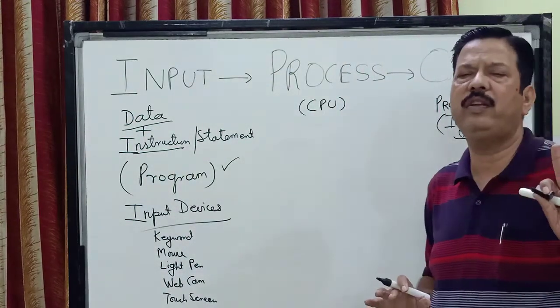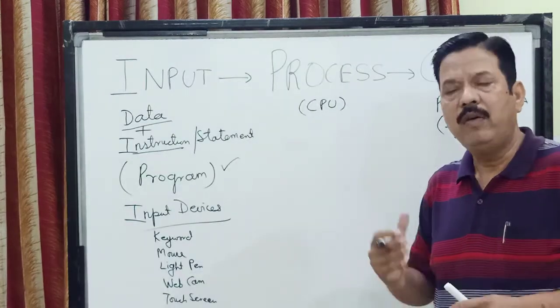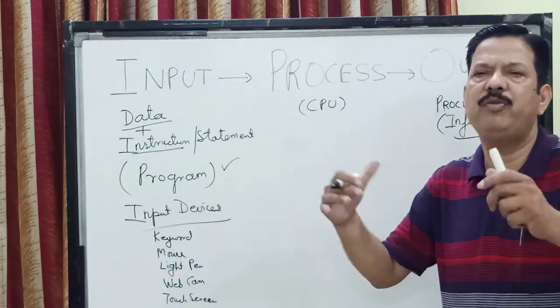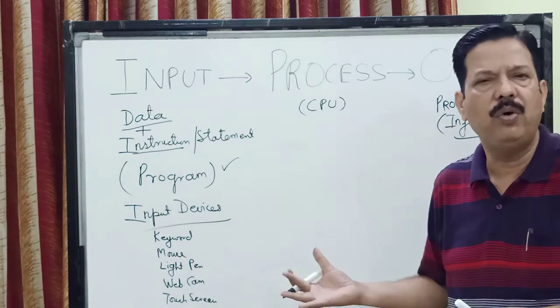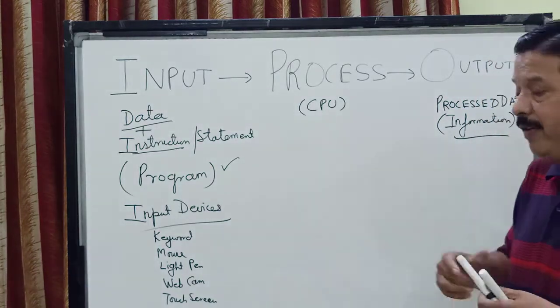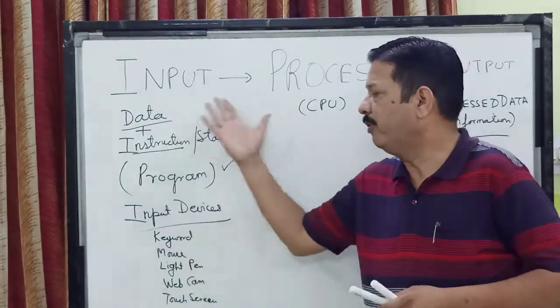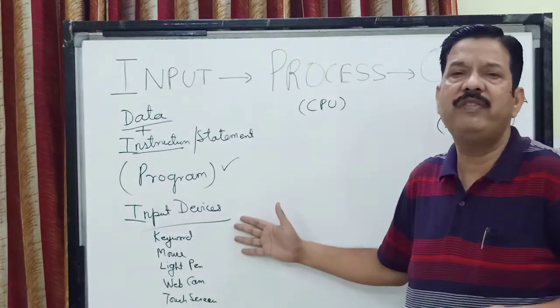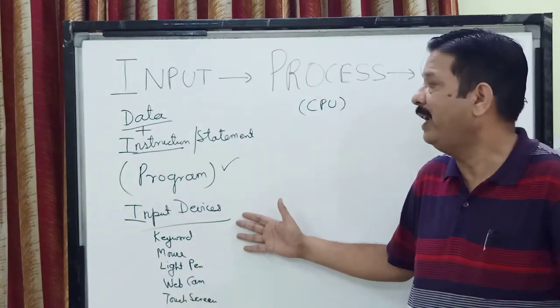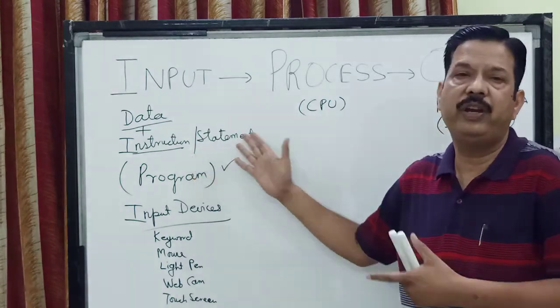These are the three things we are basically working on. We give data, we give instructions, and the computer processes and converts our data into information. So we have to provide data as input. So input devices are those devices through which we enter data and instructions into the computer.